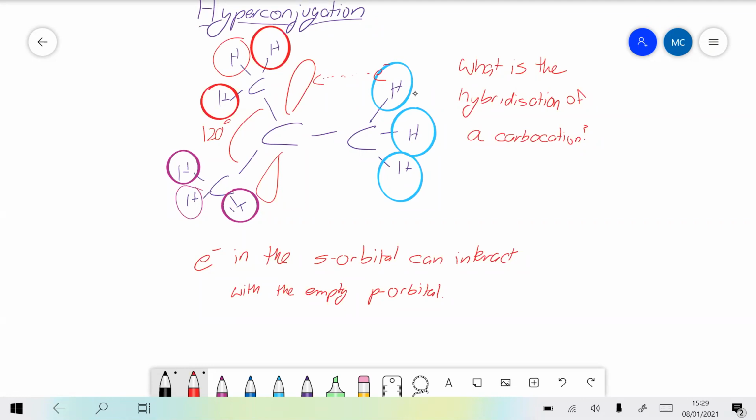Okay? Now, in fact, there is not a big difference between having a CH2 or a CH3. That's why we say the alkyl chain does not matter. It doesn't matter that much. There is a slight difference, but not a big one.